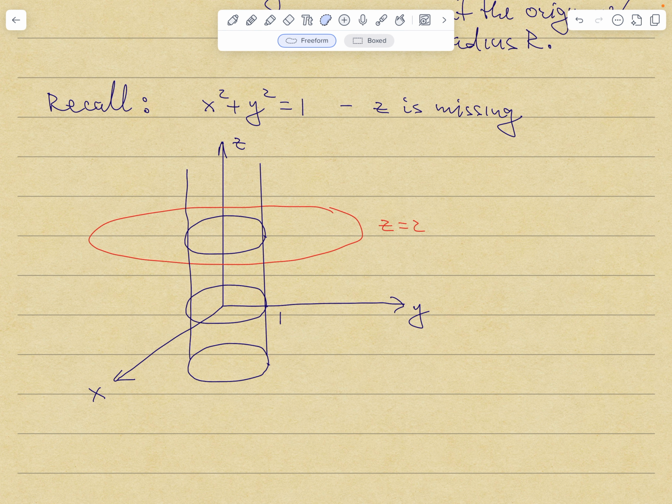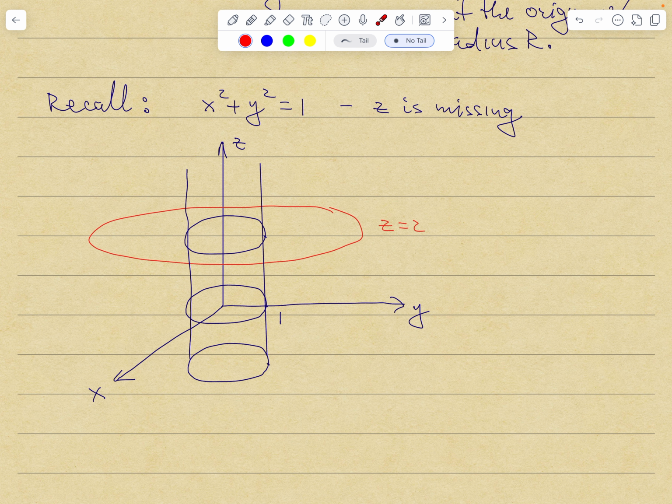So if you want to sketch a surface corresponding to an equation in which the z coordinate is missing, what you need to do is simply draw a graph of this equation in the xy plane, and then move this graph up and down, and it will sweep out the surface.